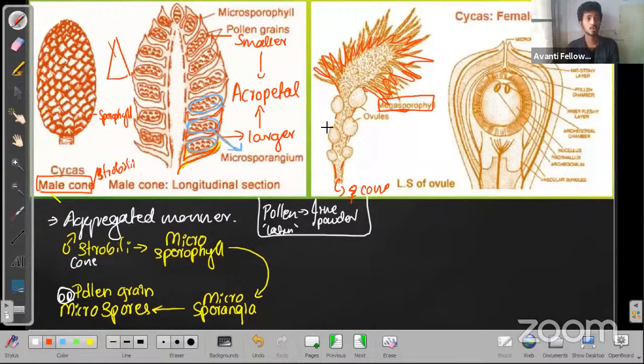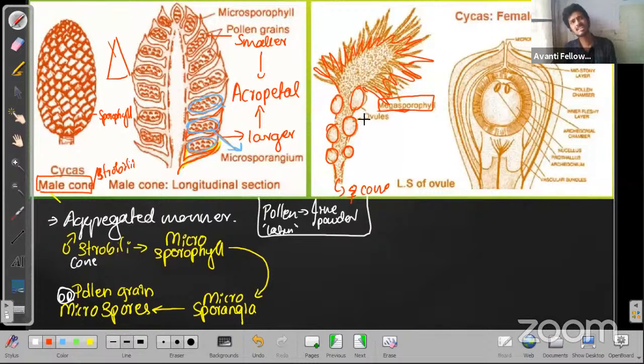So whichever is favorable will survive; wherever the mutation happens and it's not favorable, that organism will die. Okay, correct. So the same thing happened. Those sporophylls remained here, but the lesser number of ovules remained at the lower portion of that particular cone, well exposed to here.